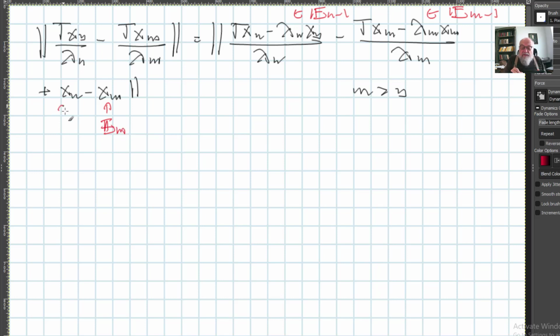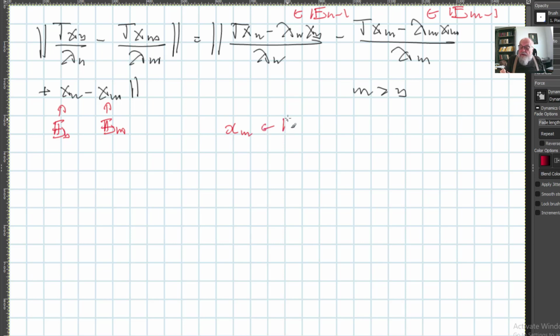This one belongs to En, and this one belongs to En. The subspaces are increasing, sorry. The largest one is En. Very good.